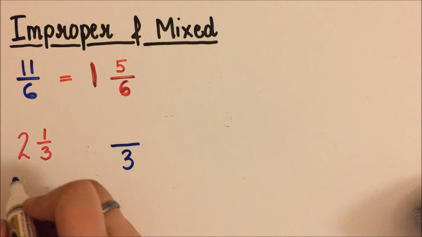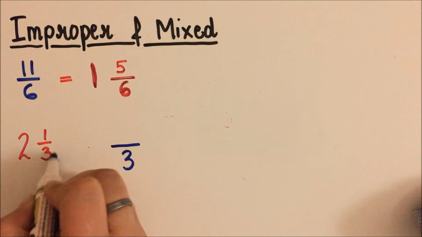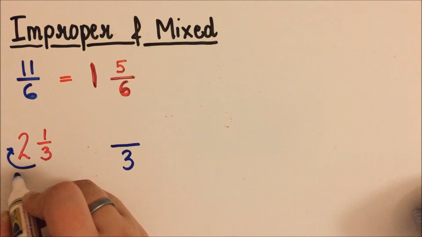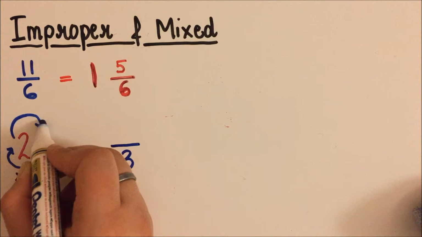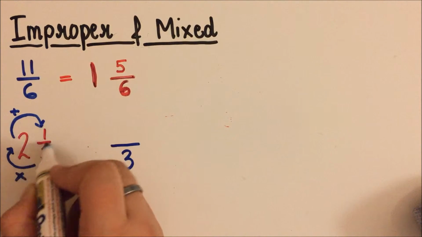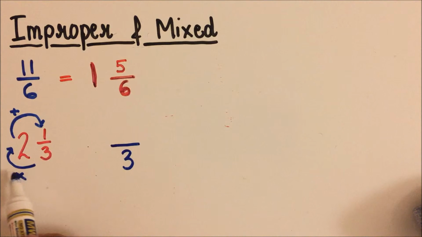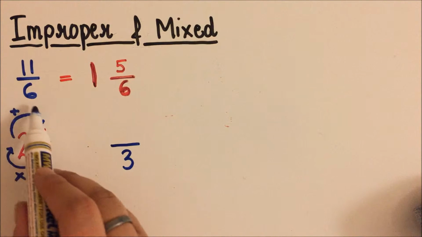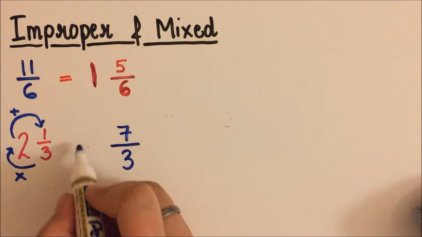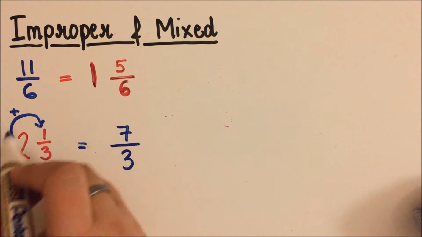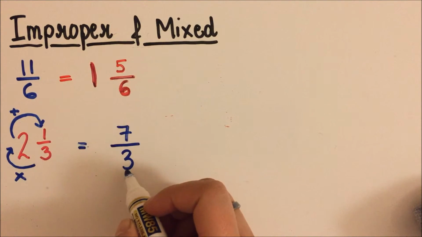And the steps that you follow is the denominator, you times it with the big number, and then you add the numerator. Okay, so it's 3 times 2, which gives us 6, add 1 gives us 7, so 7 goes on top. So in fact this equals this.